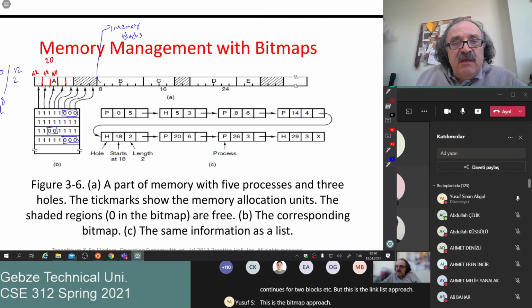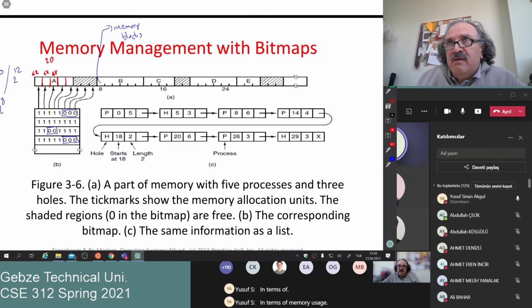Okay, if I have only a few processes in my memory all the time, which one would you prefer in terms of memory usage? The bitmap.